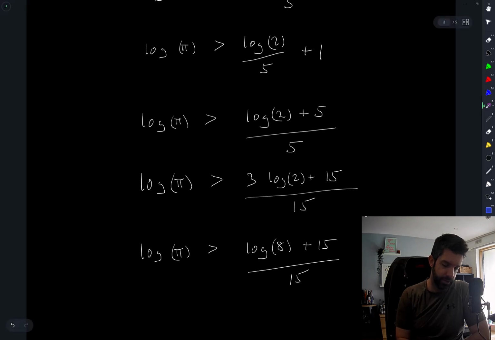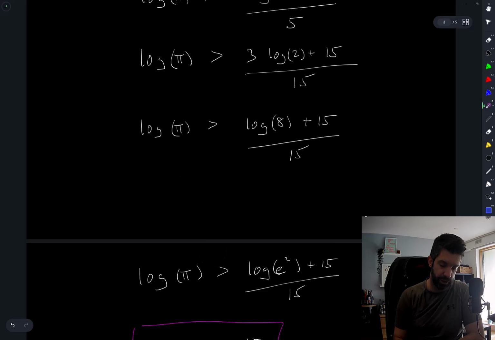Going from here to here was kind of a stab in the dark. But as soon as I realized multiplying by 3 over 3 gives us the denominator we want, 15, before even writing it down, I understood where we were going to be able to use the other given inequality, e squared less than 8.